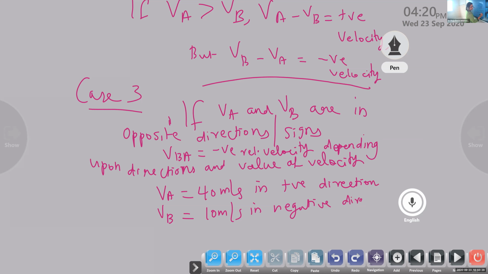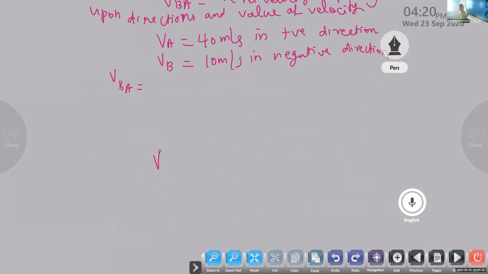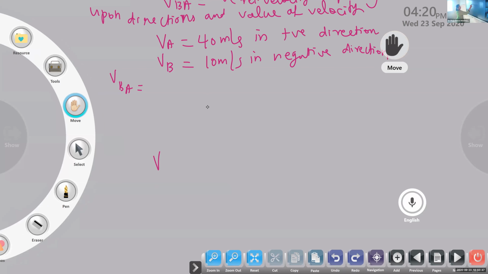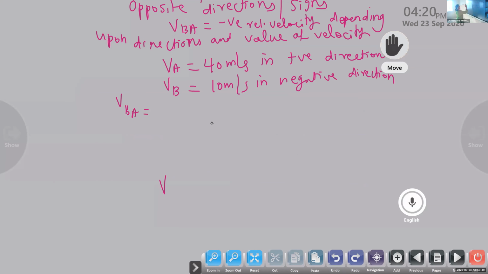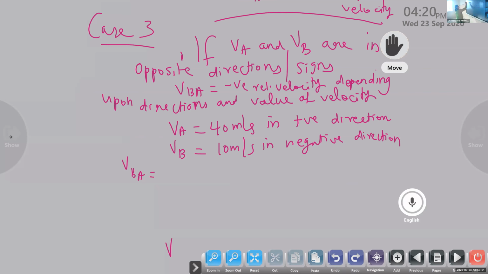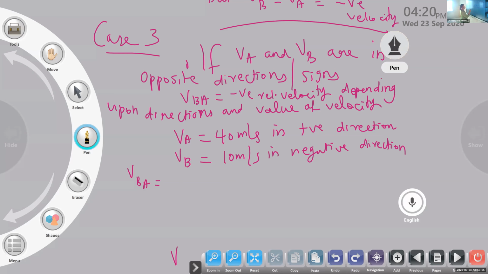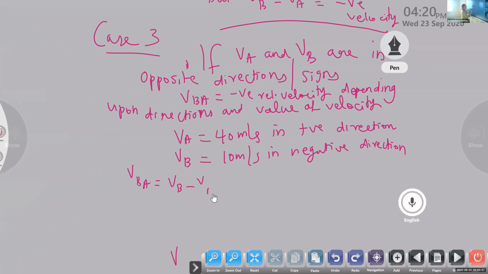So depending upon direction and the value, what is VBA in this case? Tell me all of you, VBA means VB minus VA. Can you give me the answer?